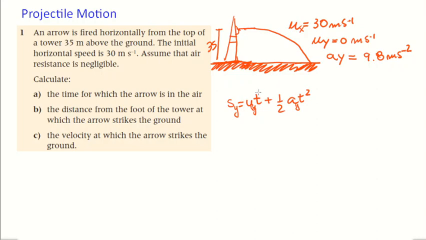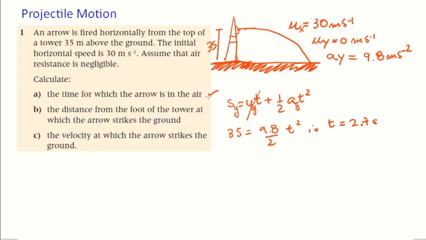Initial velocity is 0 in y, acceleration is 9.8, and displacement is 35, so 35 equals 9.8 divided by 2 t squared. So we can find time to be 2.7 seconds. That's up to two significant figures: it would be 2.67, and then you round it to 2.7. So this has only to do with the vertical motion.